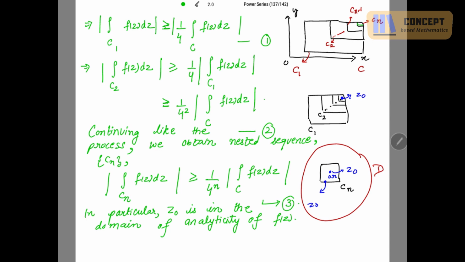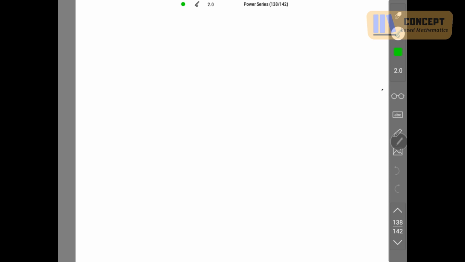So for given epsilon positive, there exists delta positive such that the derivative of f exists, because it is analytic, so it is differentiable everywhere.